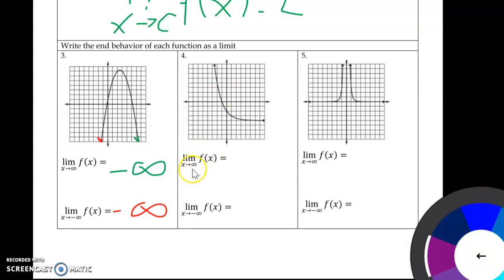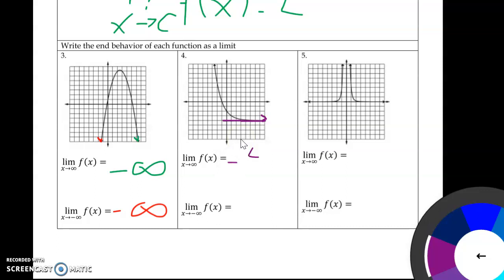So the limit of f of x as x is approaching infinity here. As our x values are getting larger, it's going to the right forever. But we can see it's approaching this y value. That's down 1, 2, 3, 4.